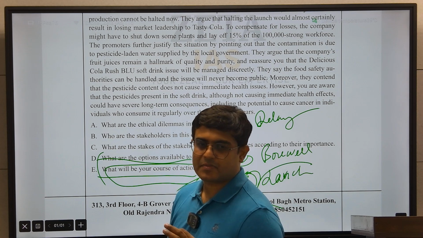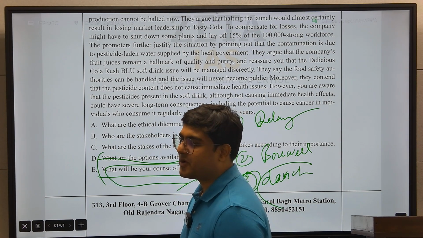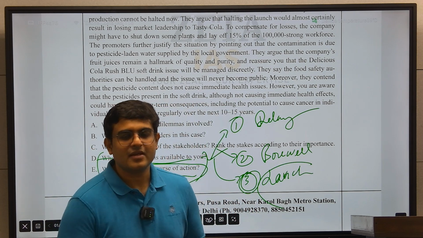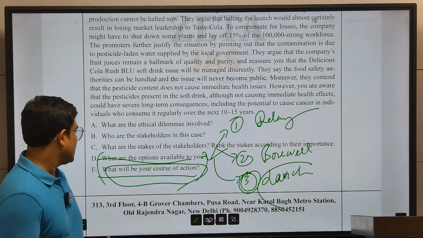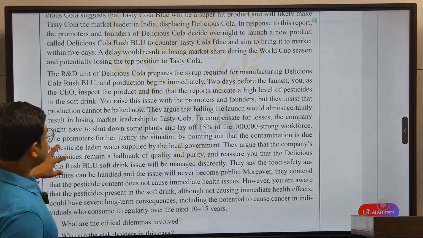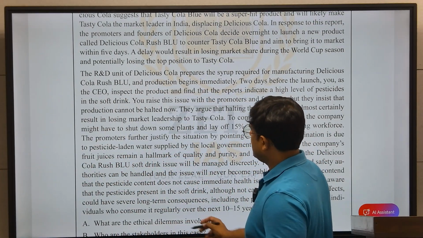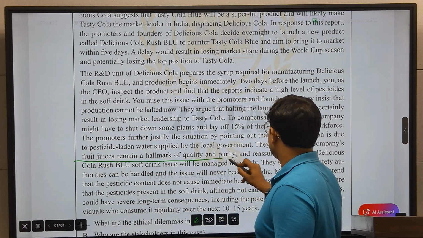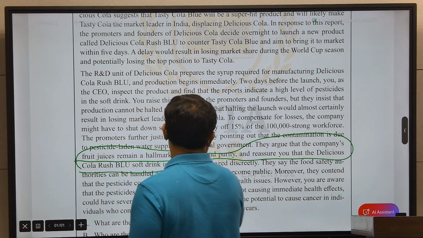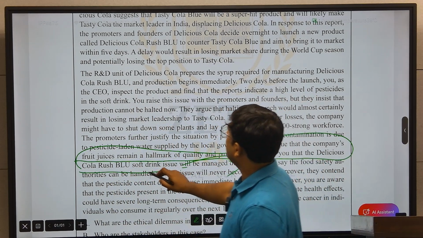See, this requires a bit of innovation and understanding and reading the case study properly, because the case study already gives you a hint as to the course of action. Okay, the hint lies here. See, fruit juices remain as a hallmark of purity and reassure you that Delicious Cola will be managed discreetly. This is the hint here. Fruit juices and World Cup.